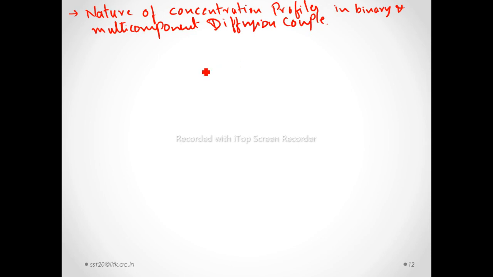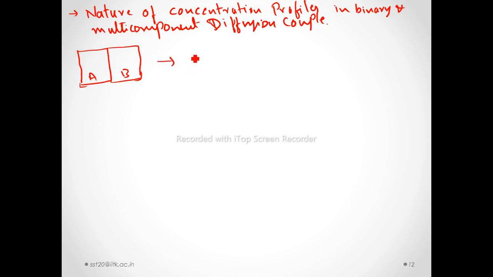Before getting into this concept, I will explain a little how these concentration profiles are obtained. What is the procedure? First of all, we make a terminal alloy, these are the terminals A and B. We will join the terminals.